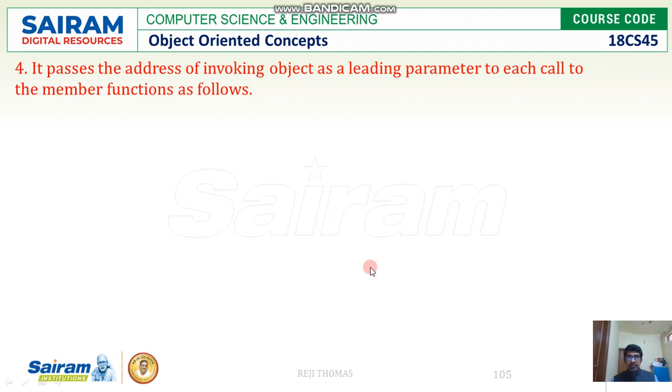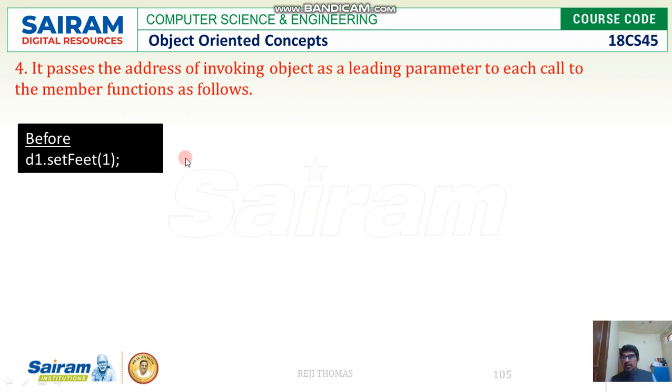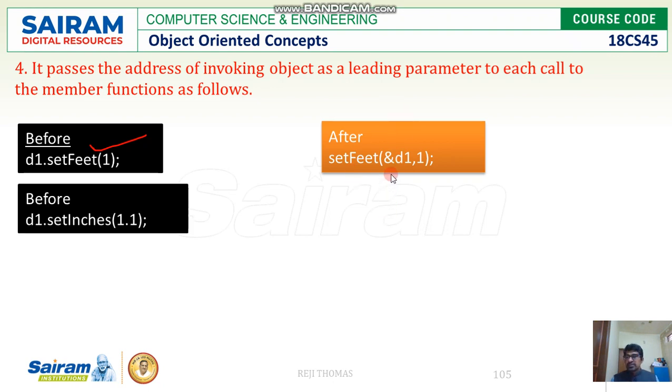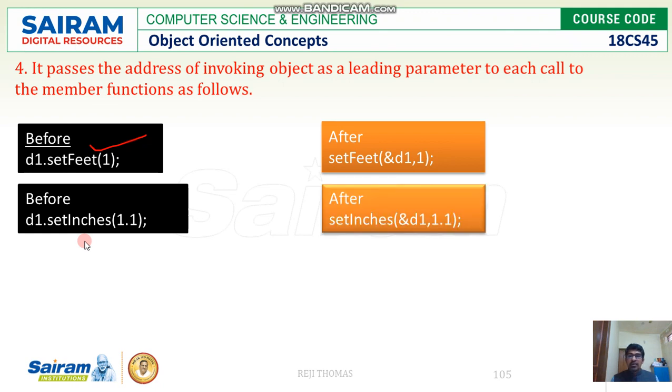Now let us see what happens with your function call. This is the normal way we call your function set feet. So this will get converted into this format. Look at this. Yes, the second function call will get converted into this format. So what happened to this d1? D1 is your object.